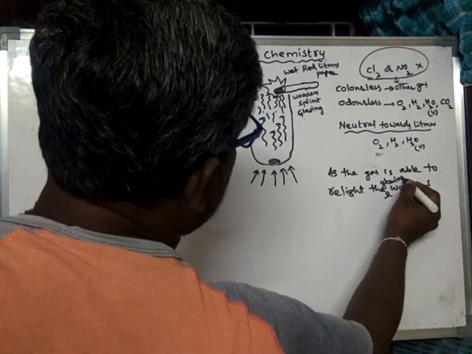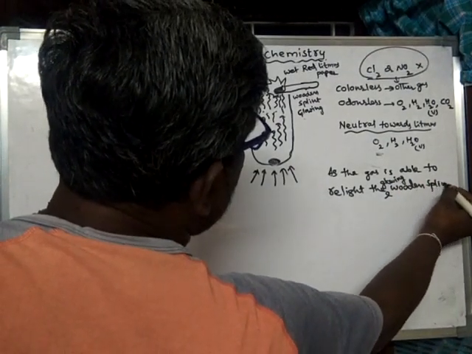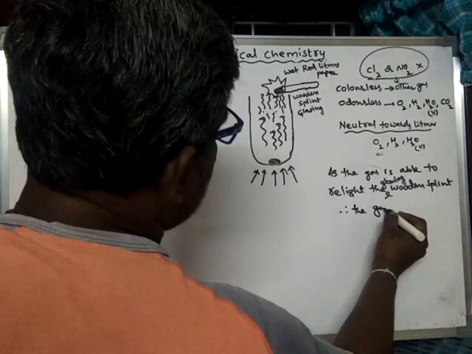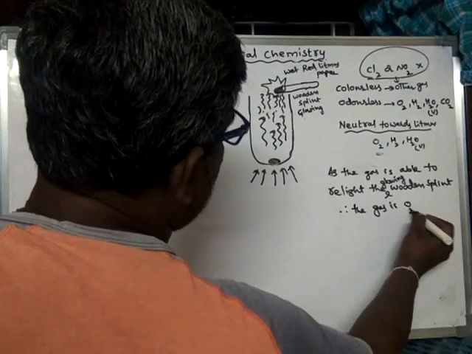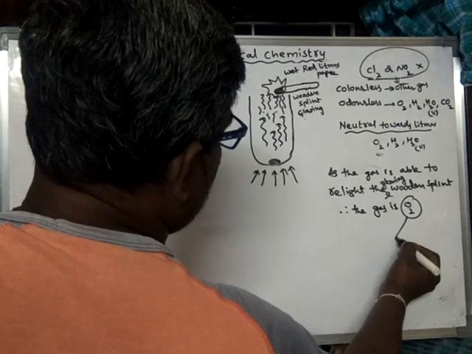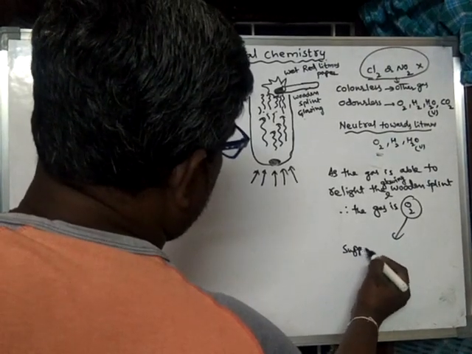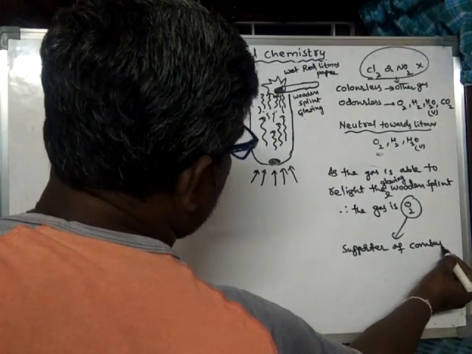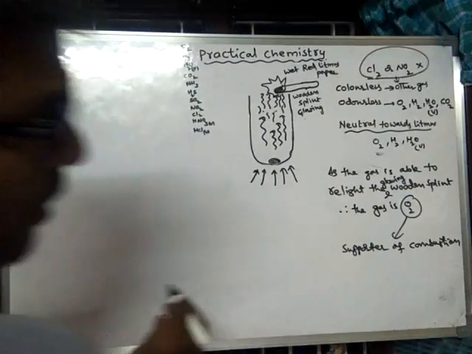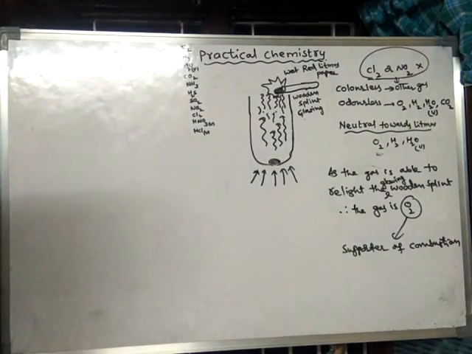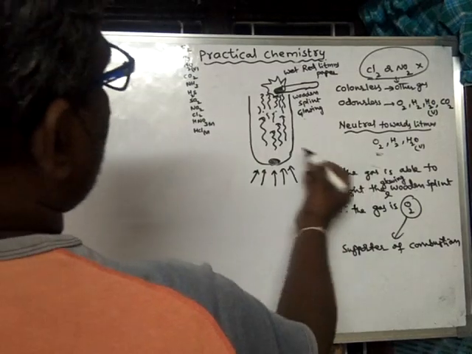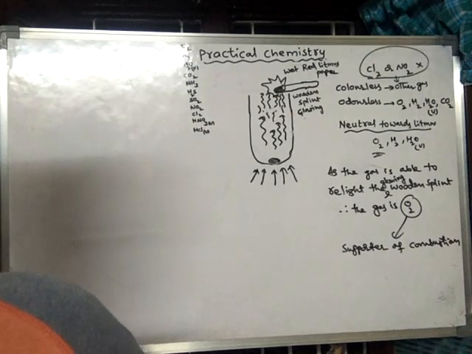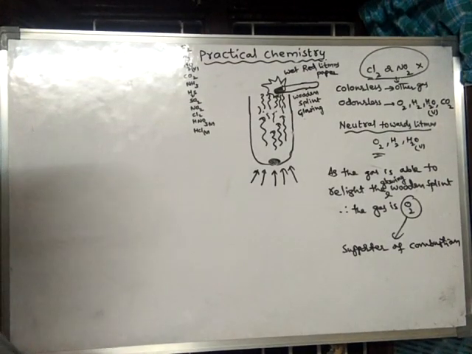Therefore the gas is O2, because oxygen is a supporter of combustion. The gas which is a supporter of combustion is oxygen. Hence finally we can conclude that the evolved gas is oxygen gas.